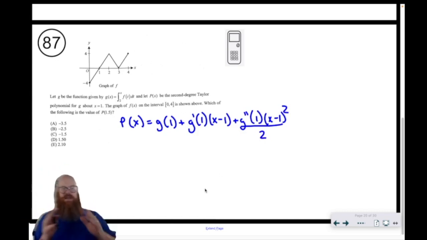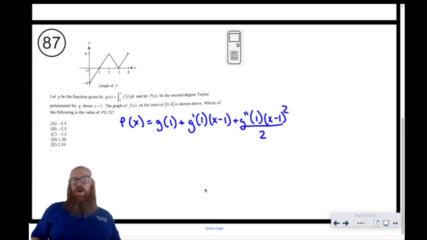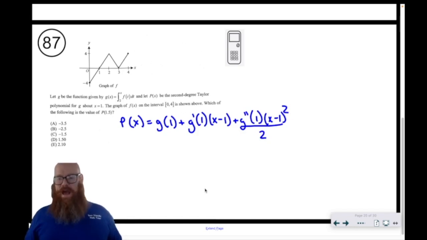So I do the second degree Taylor polynomial centered at 1. That looks like this.